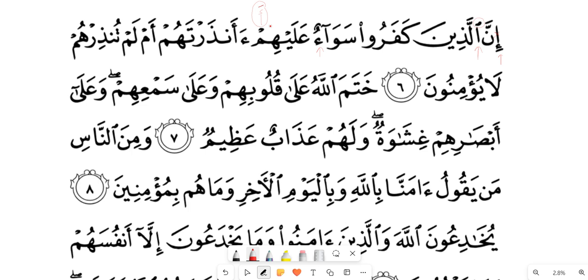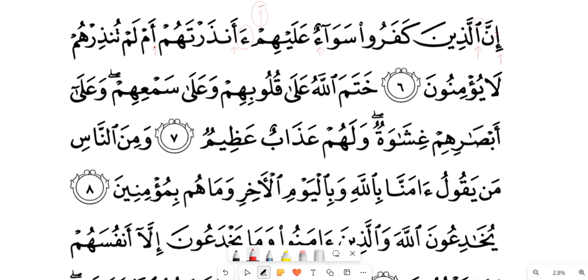So it is a difference in the script. That's why it is written like this. You should read it as andartahum: didn't I warn them?